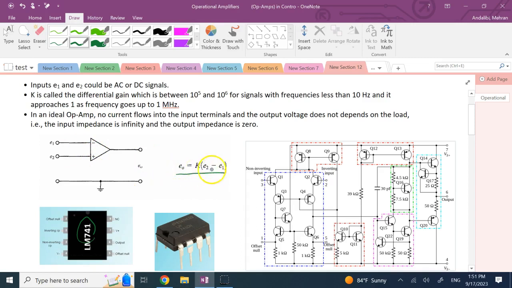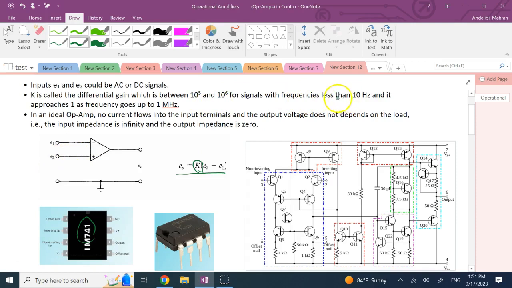So clearly you see that it is amplifying your voltage. That's why we call it an amplifier. And it's a differential one because it amplifies the difference between the two input voltages. Now, this gain K, which we call differential gain or the op-amp gain, is typically a large number as long as the frequencies of the input signals are low.